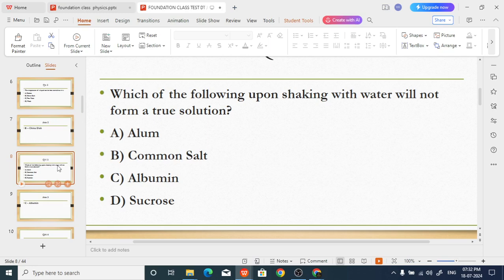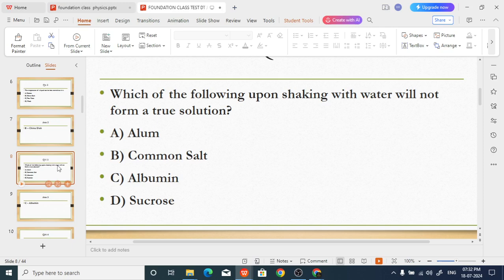Common salt is not correct, I think. Alum. Is it alum?